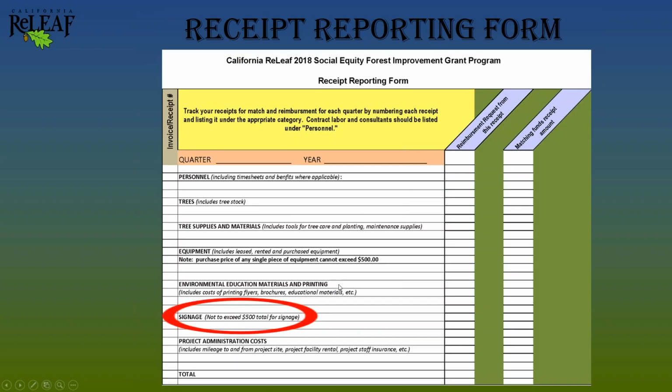That should be for each of these categories. Environmental education materials does not include personnel costs. This is one of our most common issues: people putting personnel costs into equipment or into environmental education or even into admin. Personnel time, anything that involves people's work, goes under personnel.